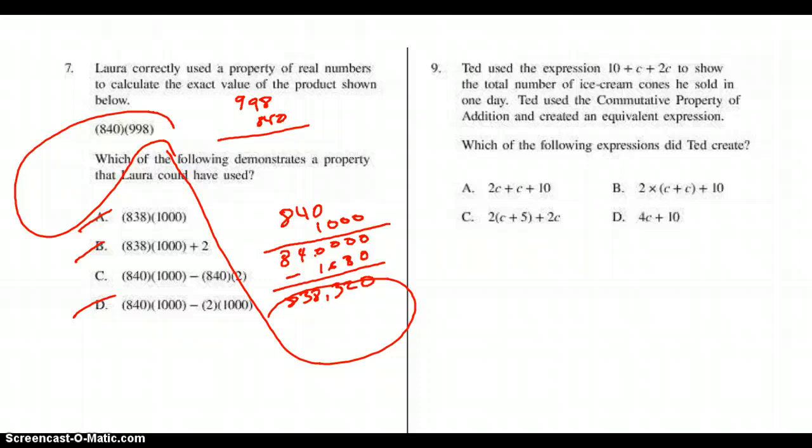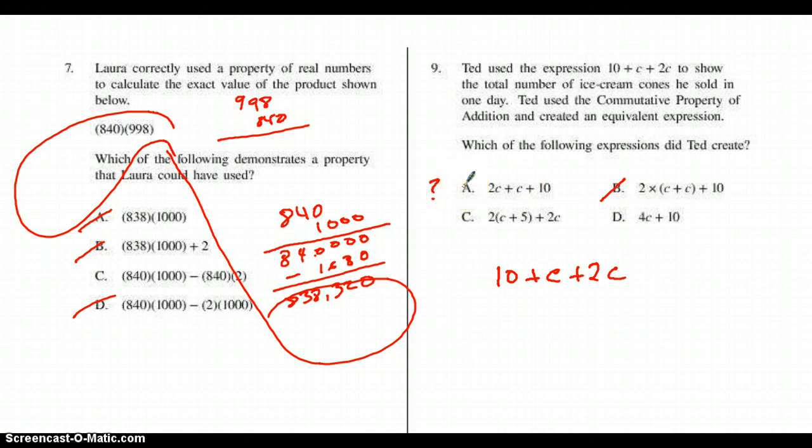So here we're looking at 10 plus C plus 2C, and they tell us that A says 2C plus C plus 10. B tells us 2 times, oh, no. We'll put a little question mark here.